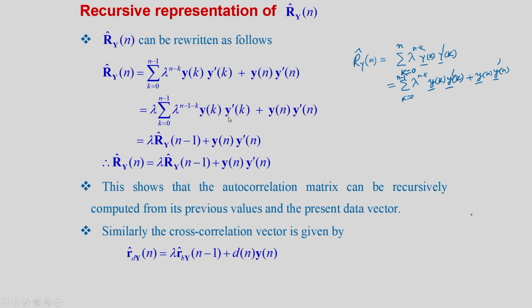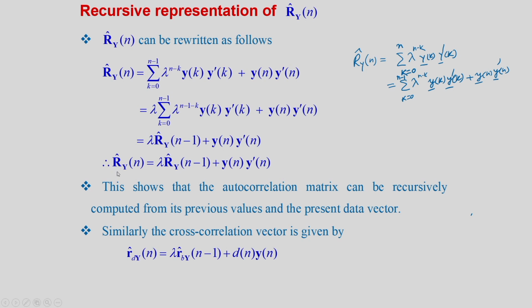Now, this quantity is nothing but the estimator for the autocorrelation function at n minus 1, because it is from k equal to 0 to n minus 1. Therefore, this part is R y hat n minus 1. Therefore, we get lambda times R y hat n minus 1 plus this term, that is y n into y n transpose. Therefore, we have established that the autocorrelation estimator at instant n is equal to lambda times the autocorrelation estimator at n minus 1 plus y n into y n transpose.